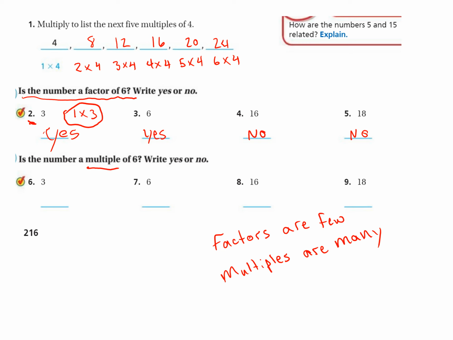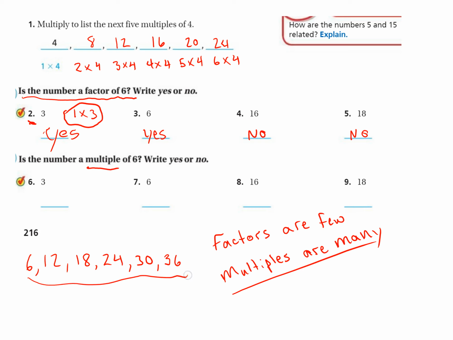Well, now we're looking at not factors of 6, not things we can multiply together to get 6, but now we're counting by 6s. 6, 12, 18, 24, 30. And remember, multiples are many, so I could keep going counting by 6s forever, right? Well, so if I'm counting by 6s, do you see any 3s in here?